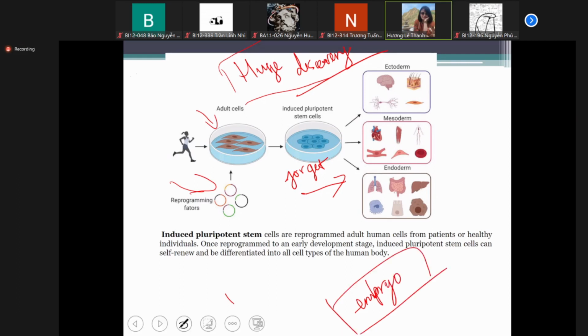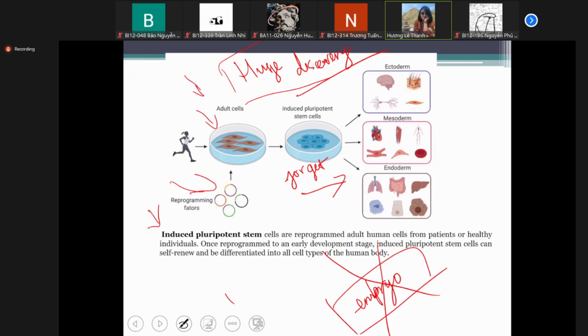Because one side said that's not okay, they are embryonic, which means it can be a human, so you cannot do research on embryos. Through time, we discovered many sources of stem cells for research. And induced pluripotent stem cells are a huge discovery for researchers who want to perform research on stem cells.